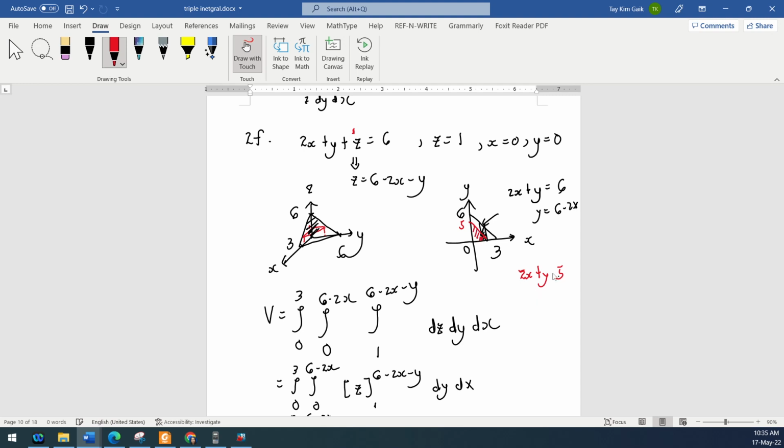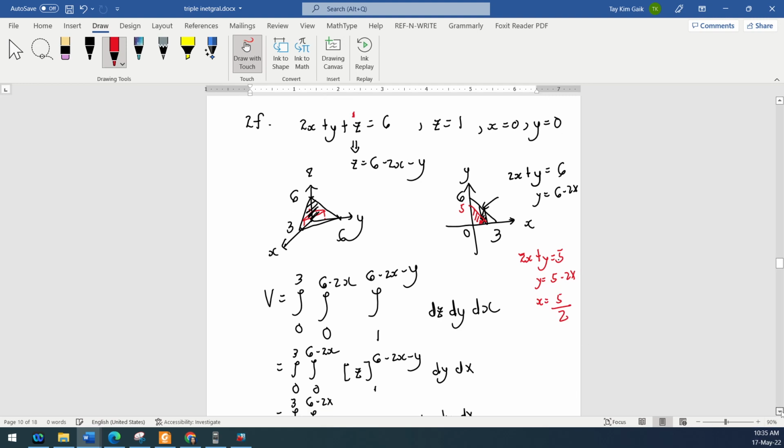So the correct limit is actually y equal to 5 minus 2x. When y is 0, x is 5 over 2. So the mistake is in the projection, you should substitute z equal to 1 because it's bounded by z equal to 1. You get a smaller triangle.